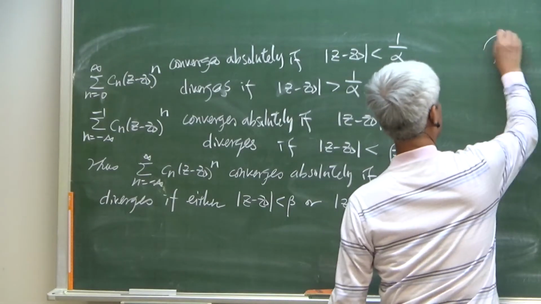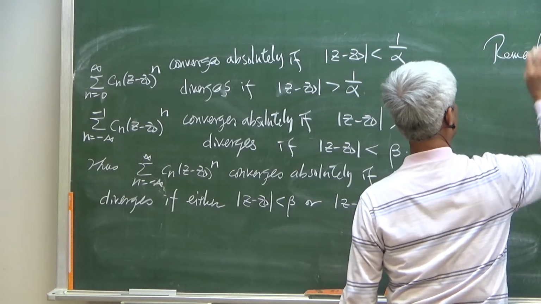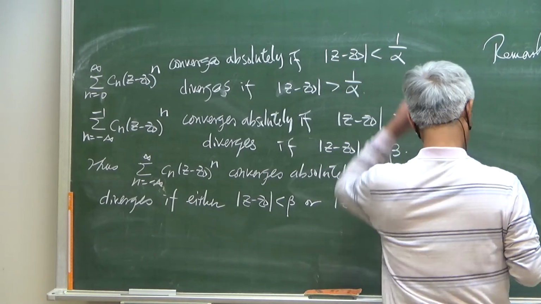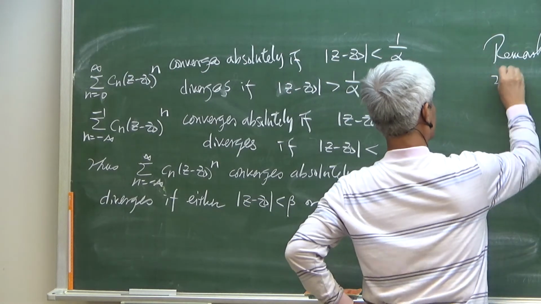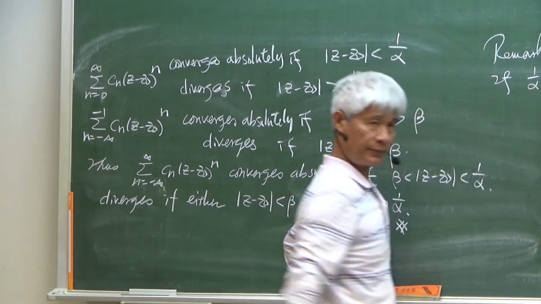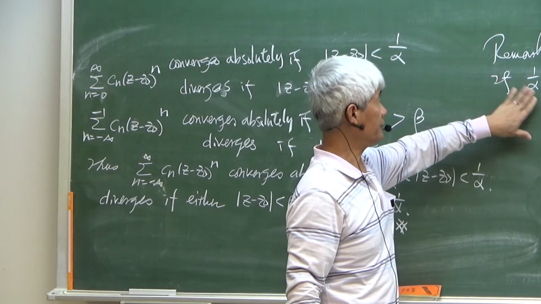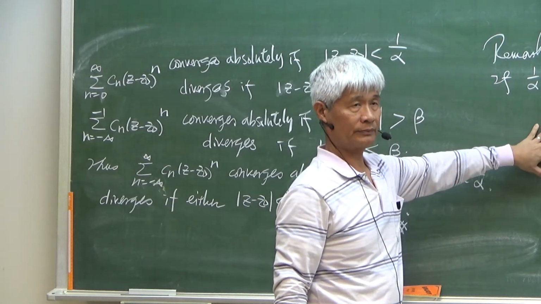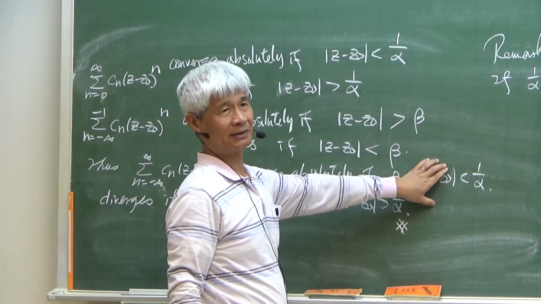So the remark here is that it's possible that the reciprocal of alpha is less than beta. If this is the case, then this is an empty set. Right?